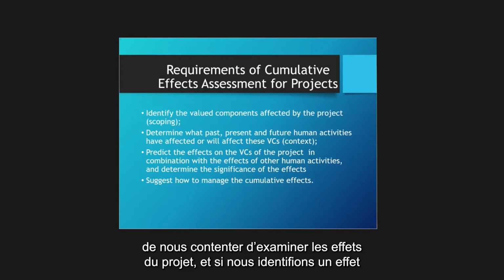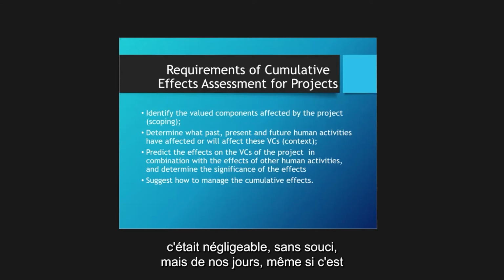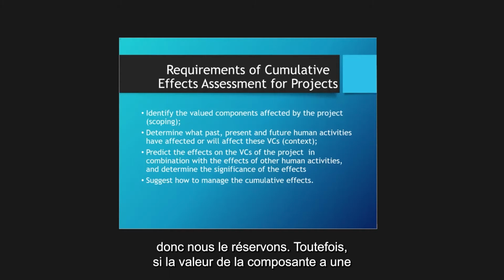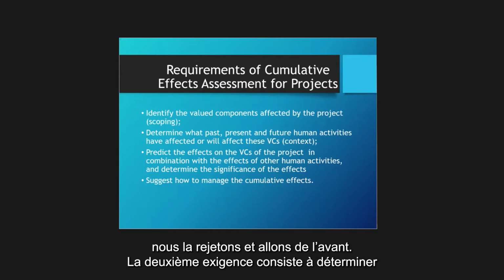And if we identified a project effect that was insignificant, we would ignore it. We would say, that's insignificant, don't worry about it. But these days, if it's insignificant as a project effect, it might be significant as a cumulative effect. So we keep it around. But if the valued component is positively affected, if it's made better by the project, or isn't affected by the project at all, we don't keep it around, we reject it and move on.